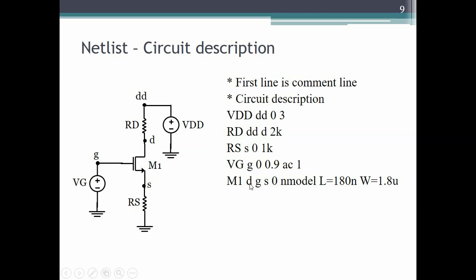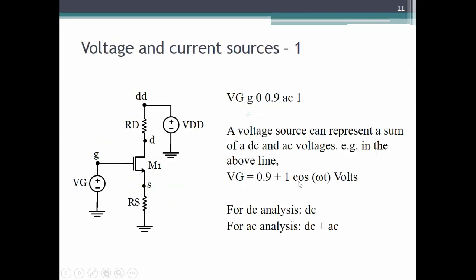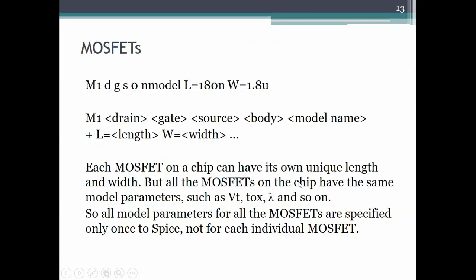We describe the circuit. There are other things we must do. We must tell SPICE what we want it to do with this circuit. Also, we want to specify this model, which is not a circuit element, but we must tell SPICE what the model parameters are.